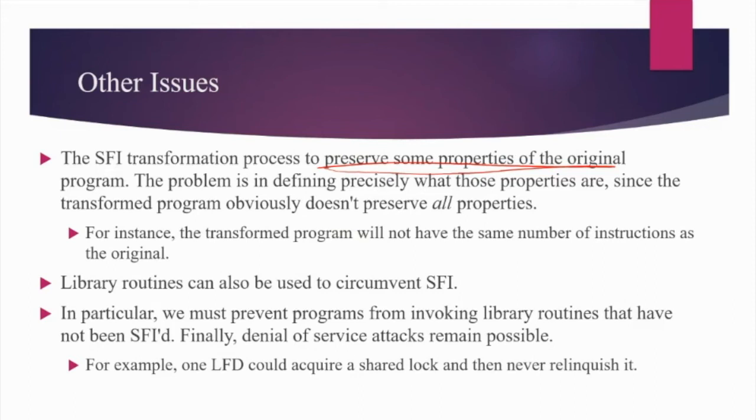Since we are transforming the program, it may be possible that it is not preserving all the properties, because the number of instructions is changing and the number of locations it accesses is changing. You are making lots and lots of changes. So can we have some guarantee that the properties of the original program are preserved?